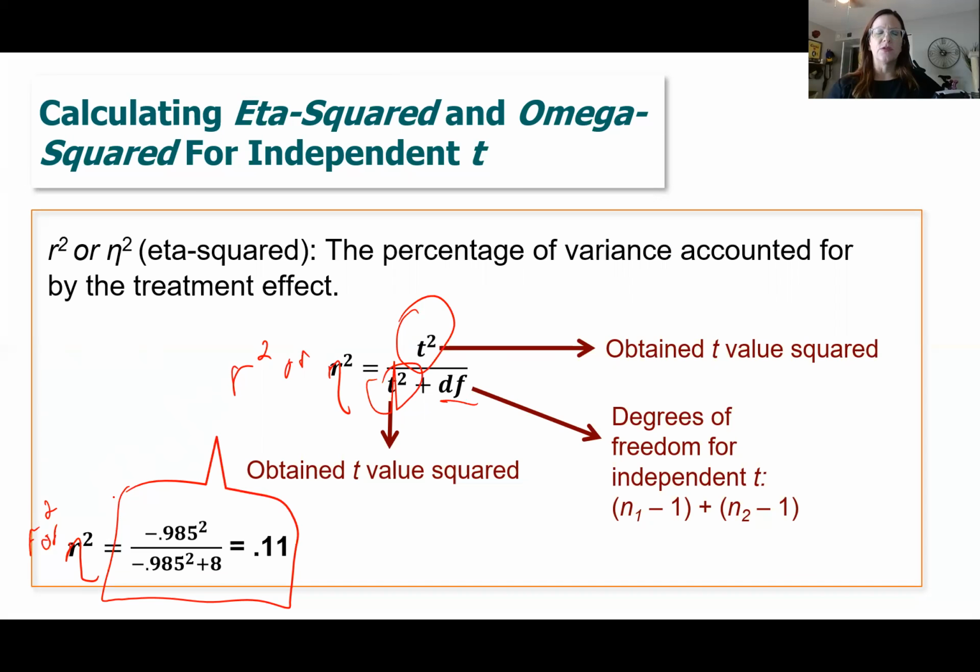So I always say, if you're squaring a negative number, just drop that negative, because it shouldn't come out as a negative. Make sure that you're accounting for that. So in this case, our eta squared is 0.11, meaning that 11% of the variance in the dependent variable, the depression, can be accounted for by the treatment condition.